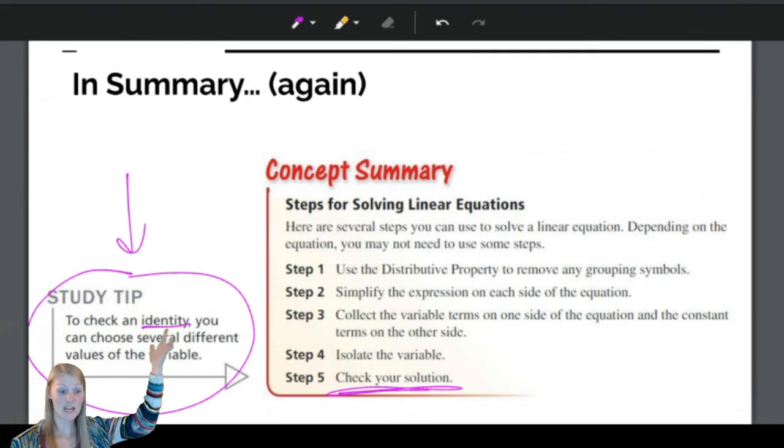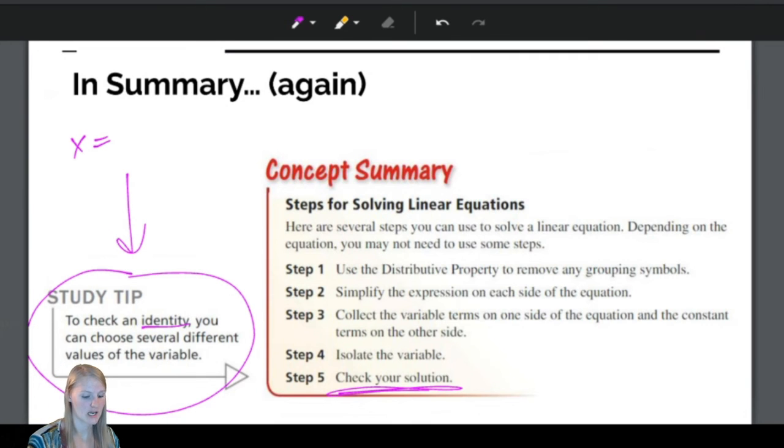That's what we did way back in the beginning when we were like, okay, let's plug in x equals 1. Now let's plug in x equals 5. You can plug in as many different values as you'd like, 1, 5, 2 million, whatever you want, and it should always work. That's how you can check an identity.